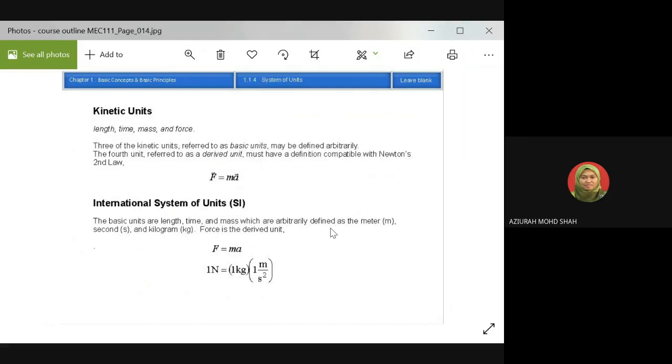Derivative yang maksudnya bila kamu ada basic unit and then you do multiple ke, you divide that unit then you can get a derived unit lah. Ini ada dalam MEC 101 ya. And then in terms of converting the unit pun, ini pun kamu dah belajar dalam 101.